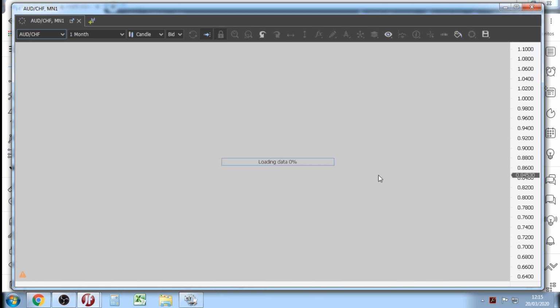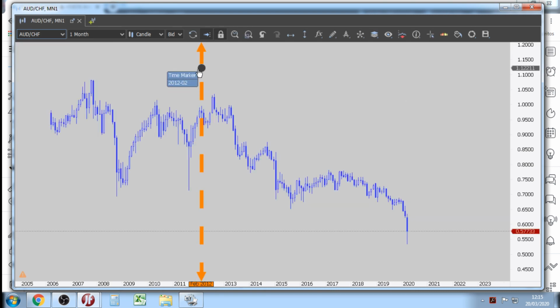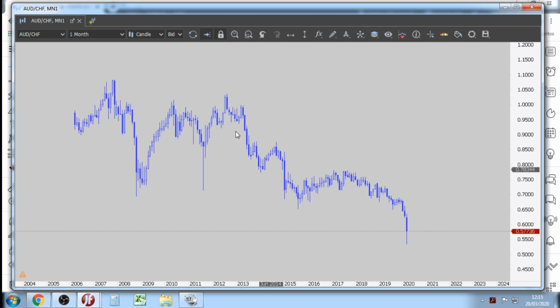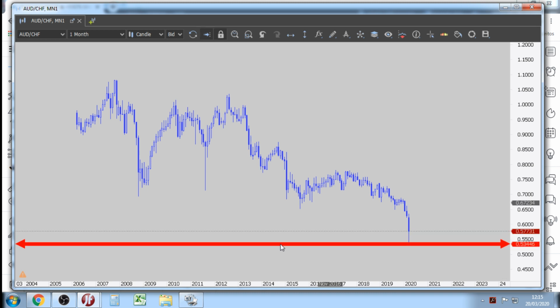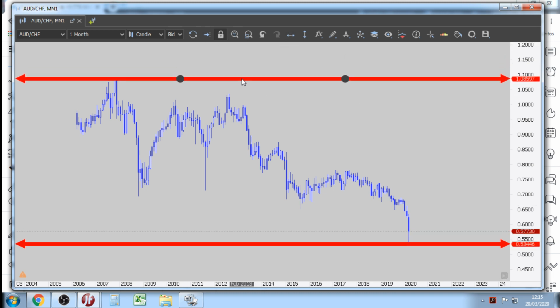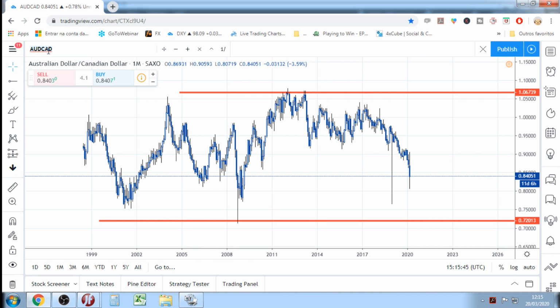AUD CHF. Let's compress the monthly chart. So the lower band is at 0.534, and the upper band is at 1.085. So let's double check with TradingView.